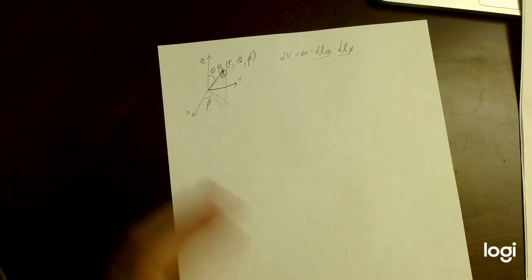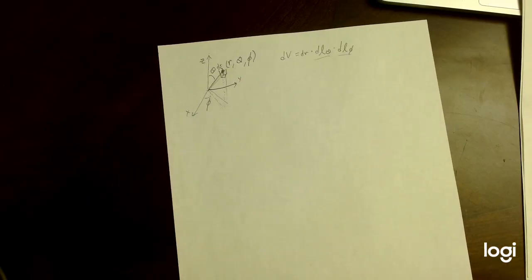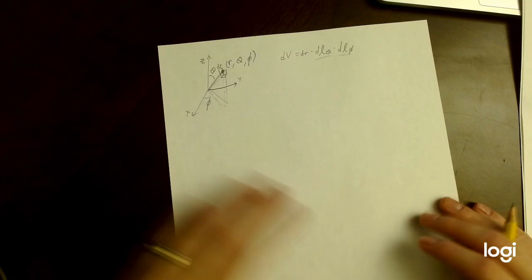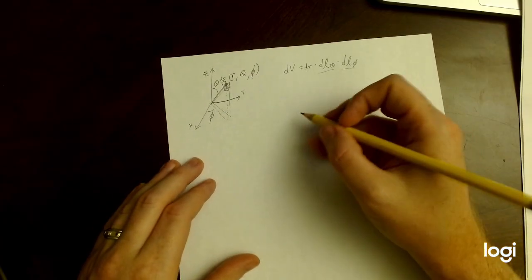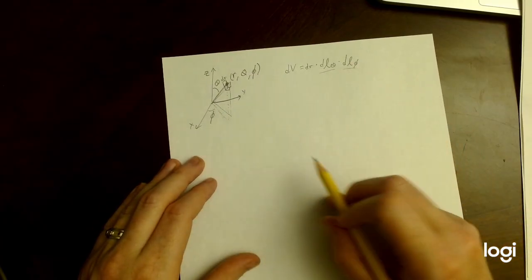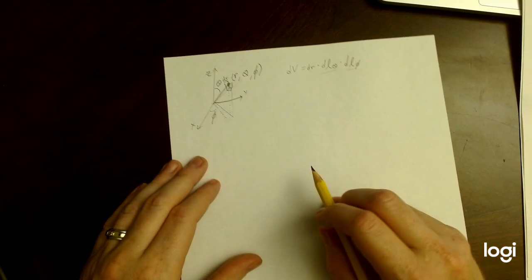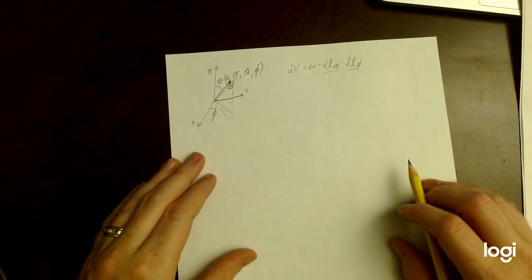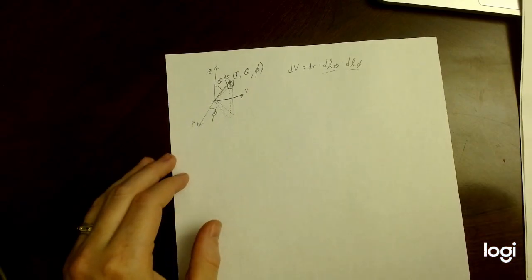Both of these will depend somewhat on how far away we are from the origin. That much is fairly straightforward. But how they depend on that distance is not quite as simple as it was in cylindrical coordinates.